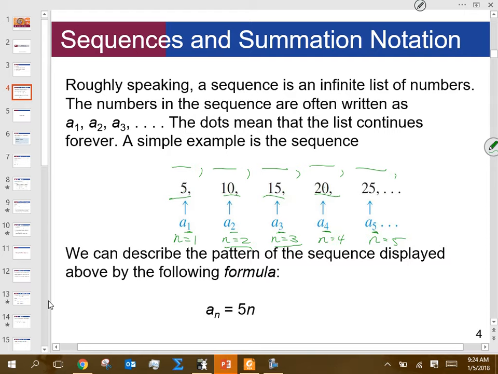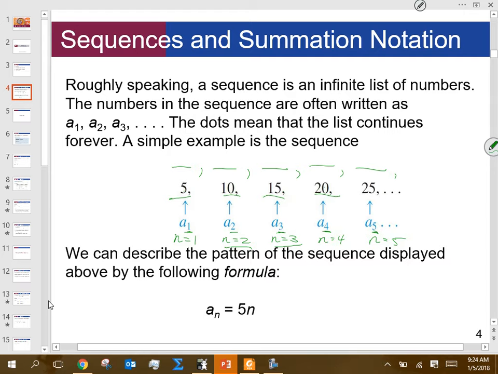And I can see that that happens with the remaining two terms in the sequence that they defined for me. So through induction, through that pattern, that tells me that my rule for this is probably A sub n equals 5 times n, where n is the position in my list. Does that make sense to everybody?